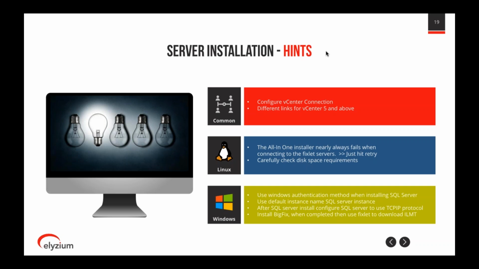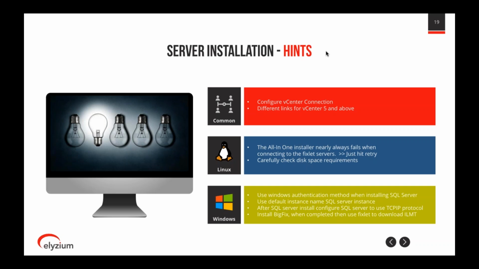Bear in mind that when you configure for vCenter, there are different links for vCenter 5 and above, so the template may be wrong. Just make sure that you know which version of vCenter you're using to manage your ESX farm, and enter the correct link.